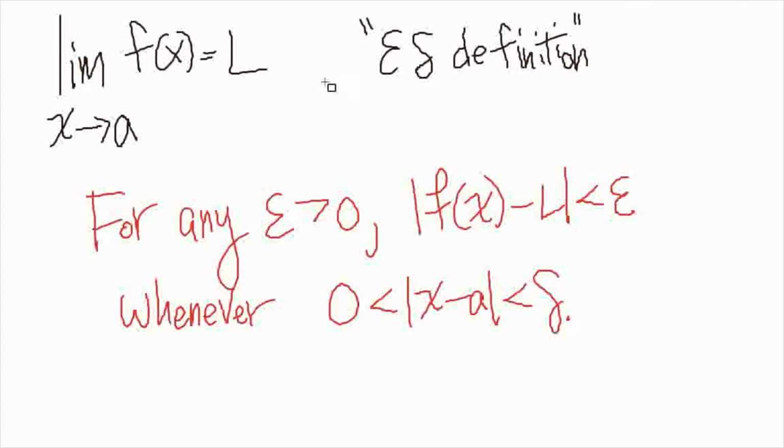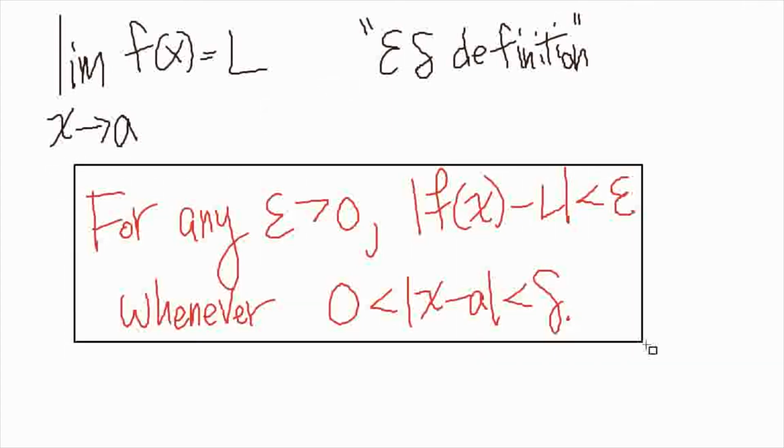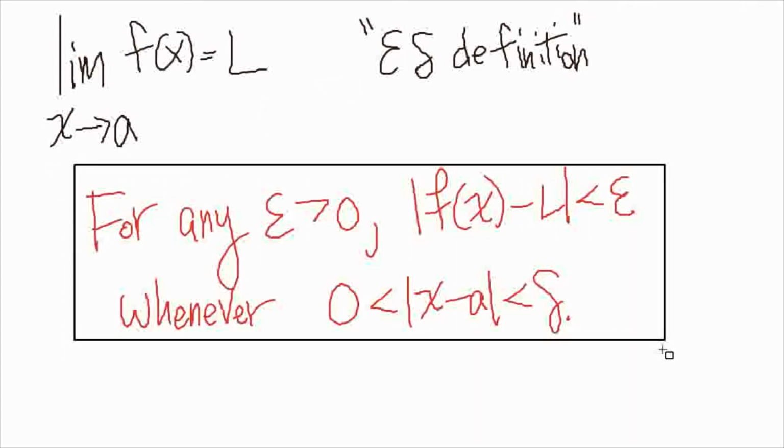Okay? Now I told you that it was going to look weird, but there you have it. There's reasons why we do it this way. It turns out that there's traps that we are avoiding by saying it this way, and it took a long time for people to figure out that this is the way to avoid all the traps.